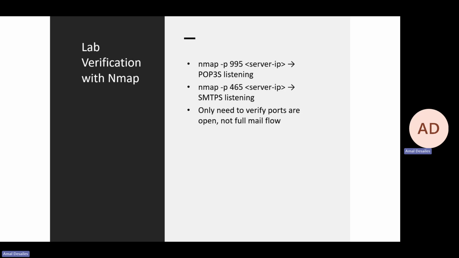For the next one, I'm just going to talk a little bit about the lab verification with Nmap. In our lab environment, we don't need fully functioning email services. The goal is to just verify that secure ports are listening. To do this, we can just use Nmap, run it against the server IP, then confirm POP3S is active and also SMTPS is active.